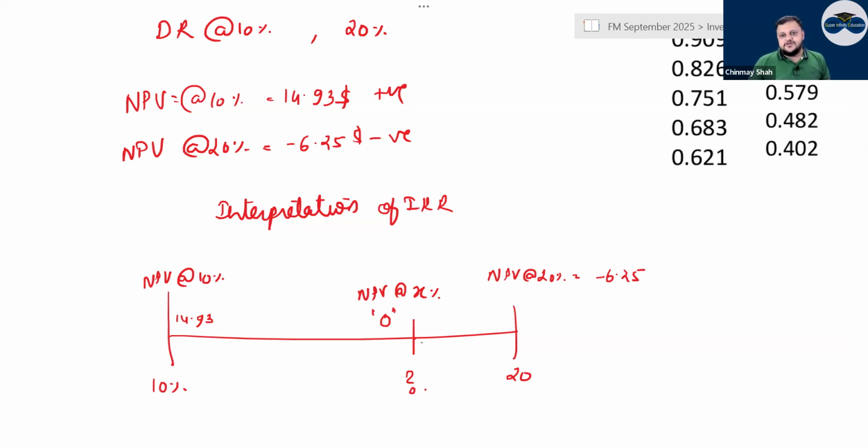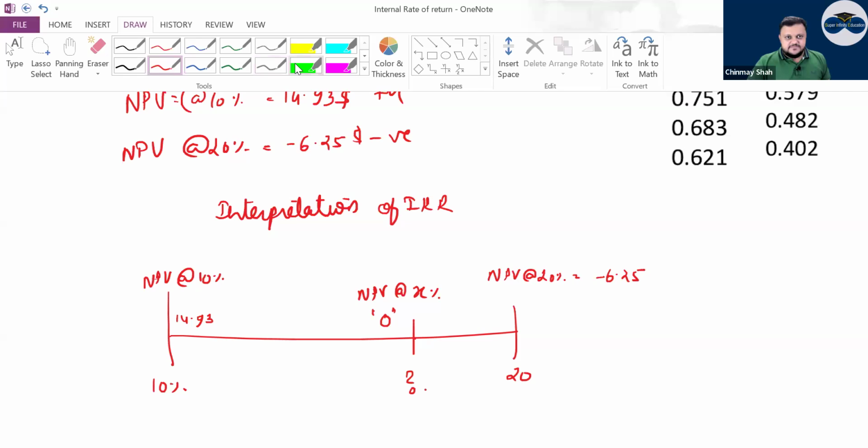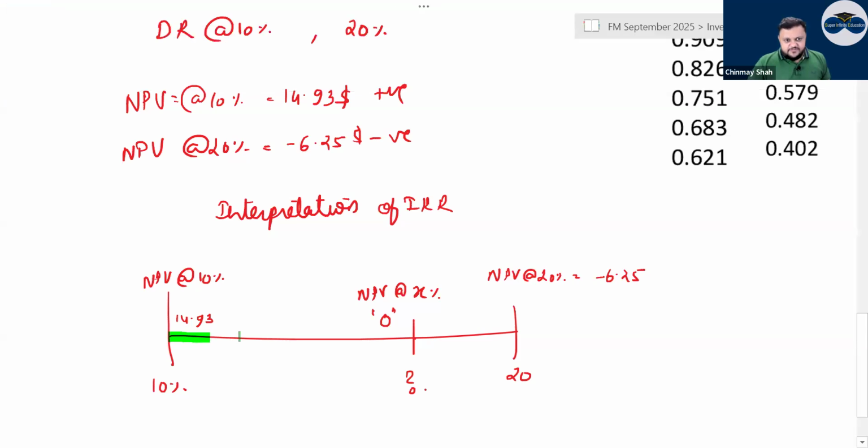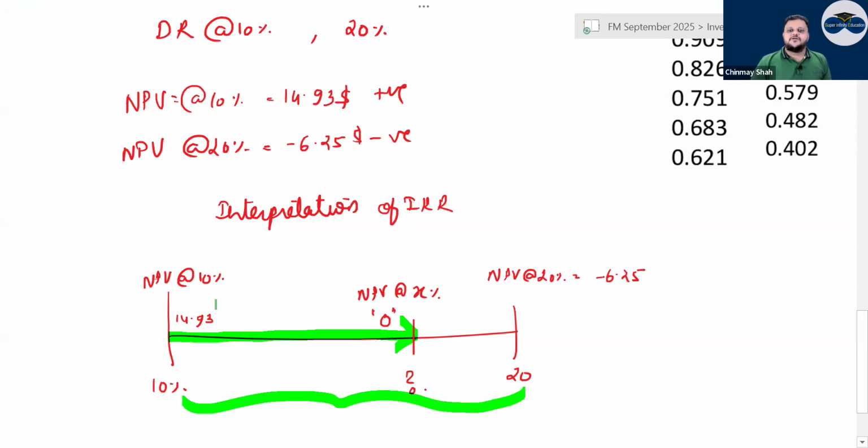I want to travel from 14.93 to 0, correct? Have a look. Make sense? And sir, the total area is how much? This is the total area.